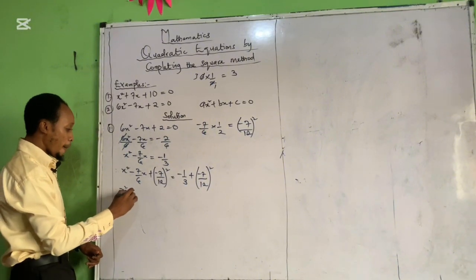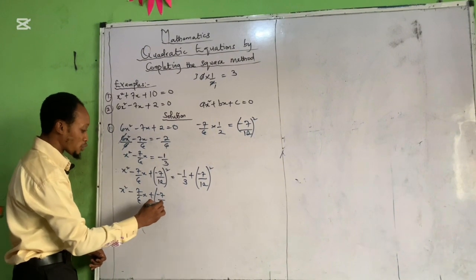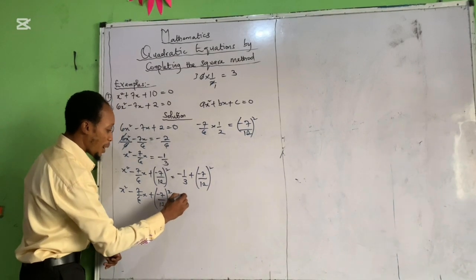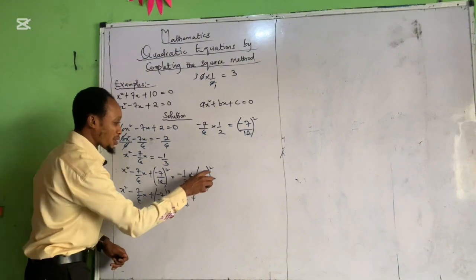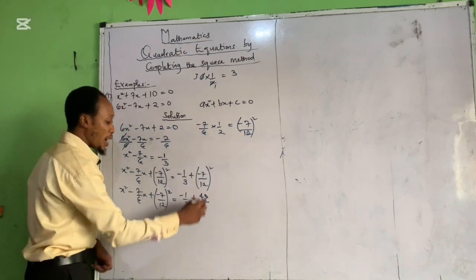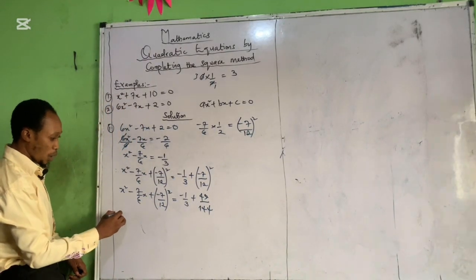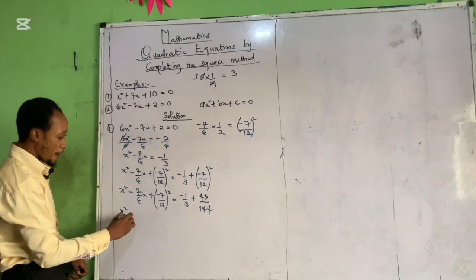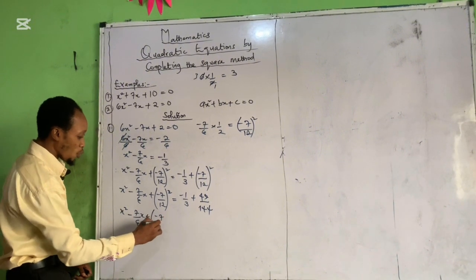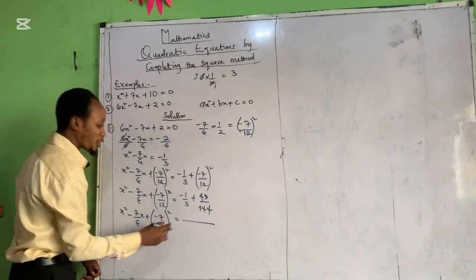So we have x squared minus 7 over 6x plus minus 7 over 12 all squared equals, now you can get this: minus 1 over 3 plus minus 7 squared is 49 over 12 squared is 144.